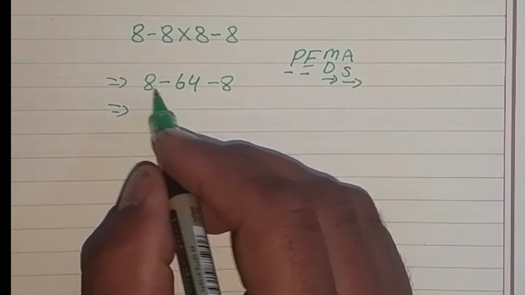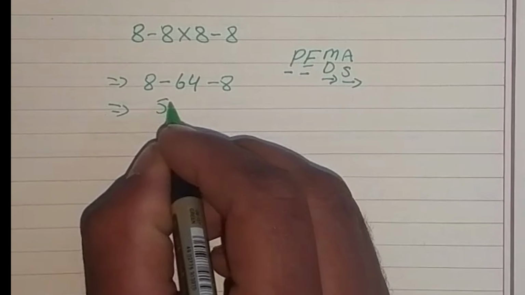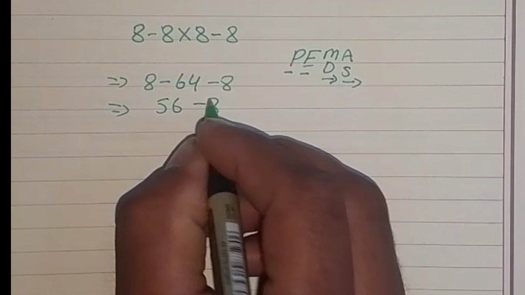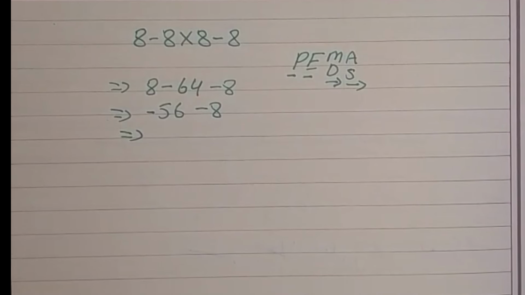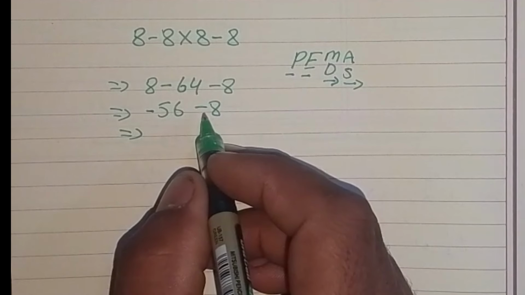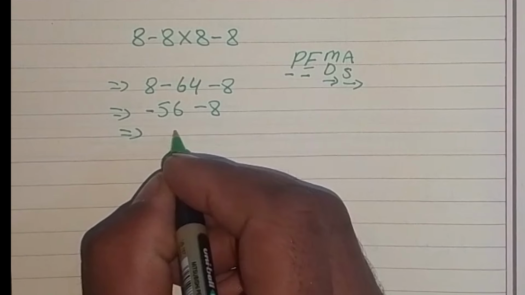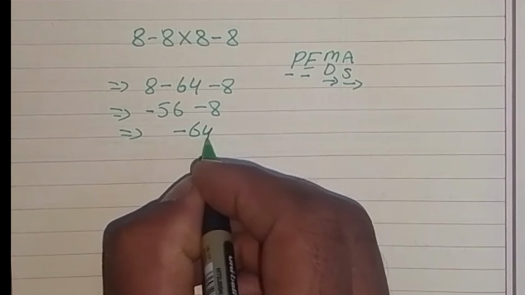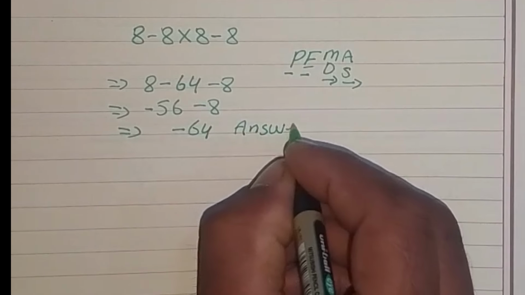So on the left side we have 8 minus 64, which gives us minus 56, minus 8, and minus 56 minus 8 gives us minus 64. So the final answer is minus 64.